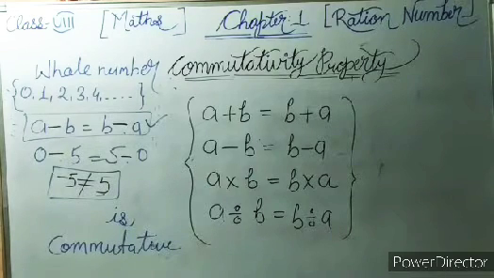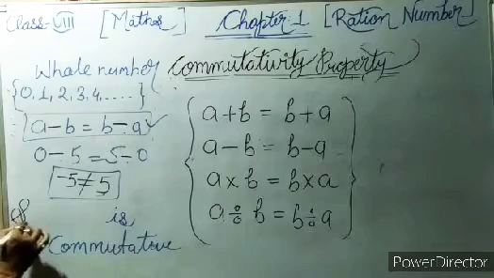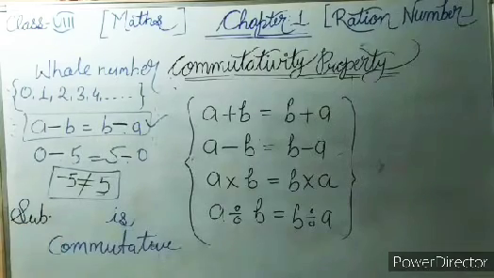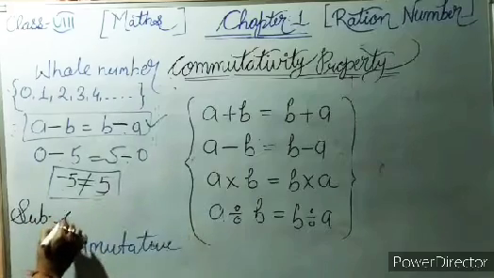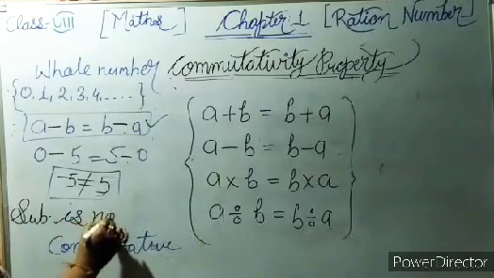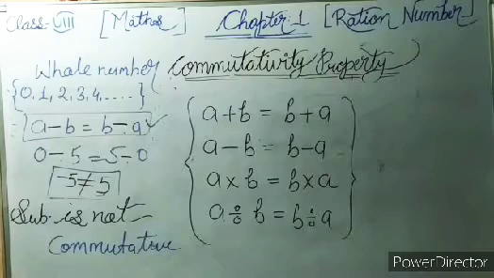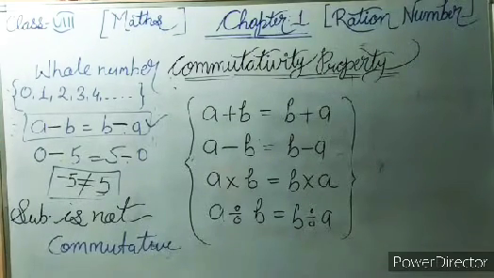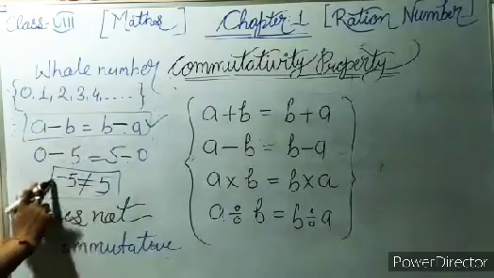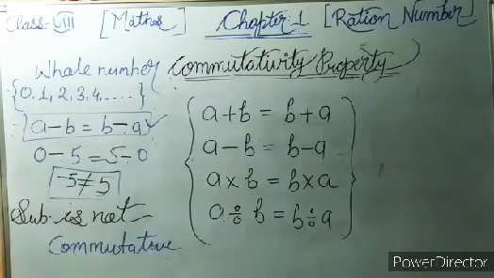That is why we say subtraction is not commutative. Subtraction is not commutative because they do not follow this order. If we interchange both numbers' places, we will get a different number.